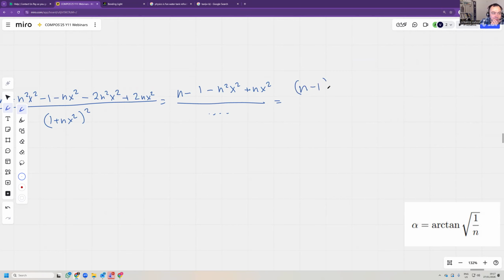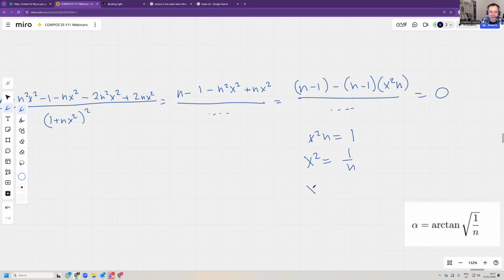Yeah, n minus 1 minus n minus 1 x squared n. And that's equal to 0. That means that x squared n is equal to 1. So x squared is 1 over n. So tan squared alpha is 1 over n. Alpha is arctan of 1 over n.